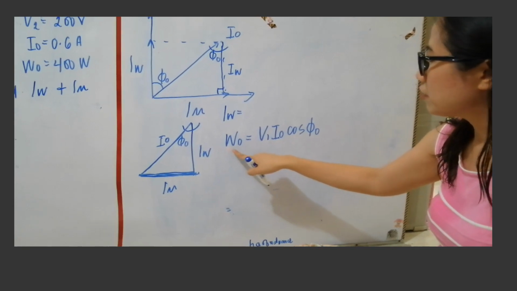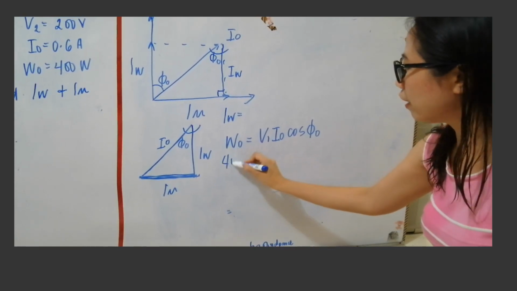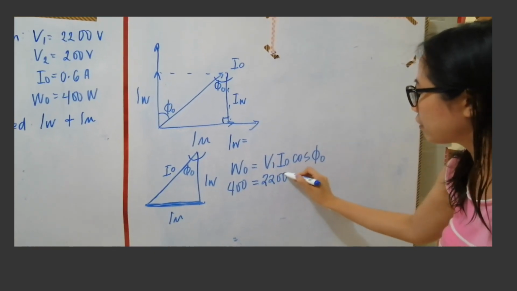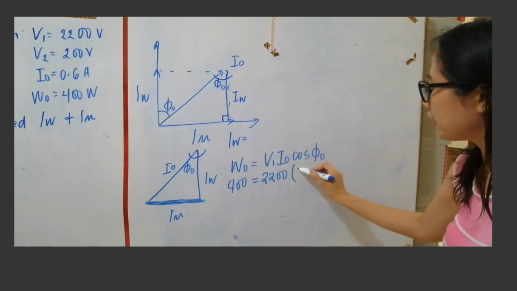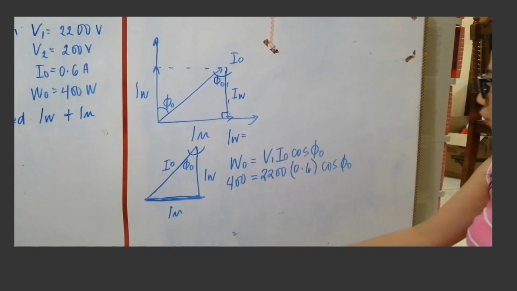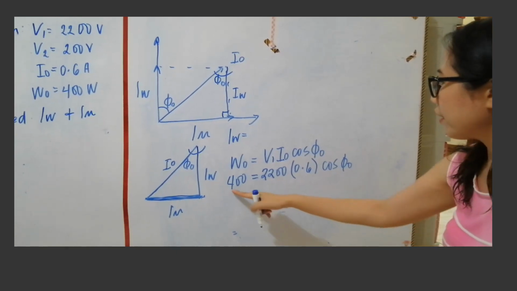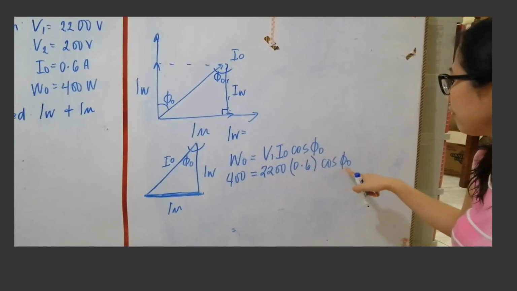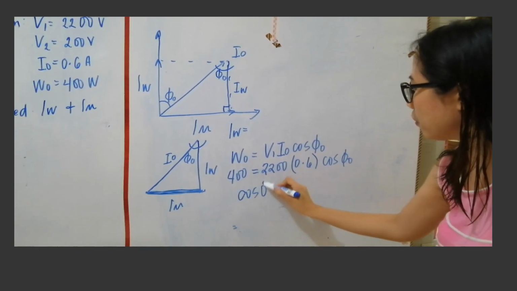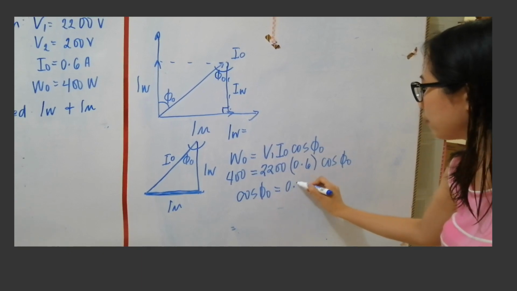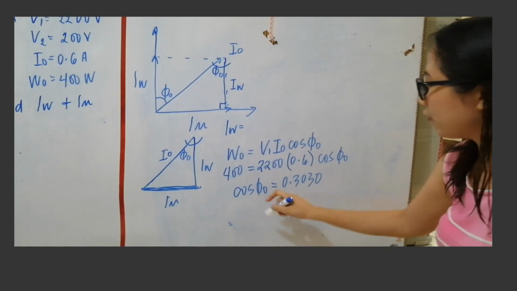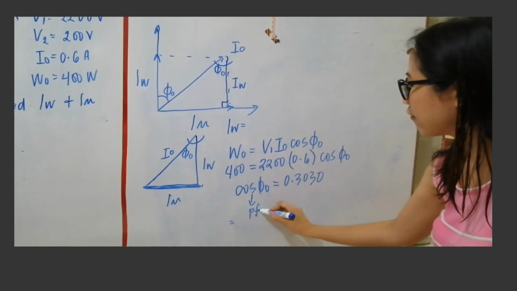So W sub 0, which is 400 watts, is equal to V sub 1, which is 2200 volts, times I sub 0, which is 0.6, times cosine phi sub 0. So from this, the unknown is cosine phi sub 0. We can compute for that. So cosine phi sub 0 is equal to 0.3030. And remember that cosine phi sub 0 is also equal to our power factor.